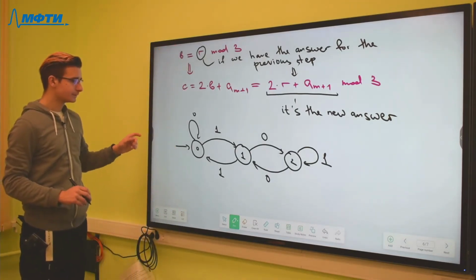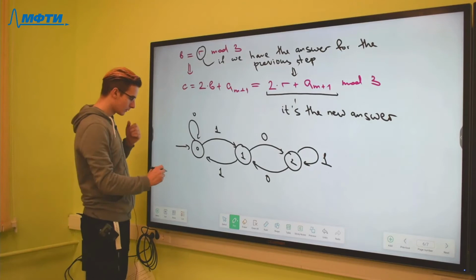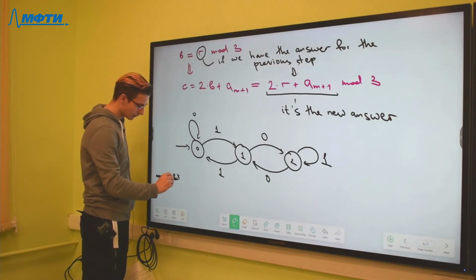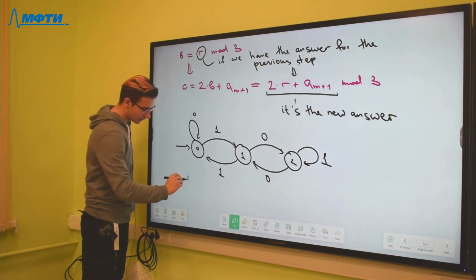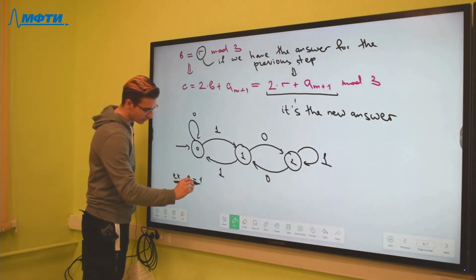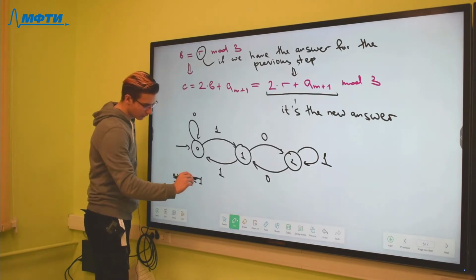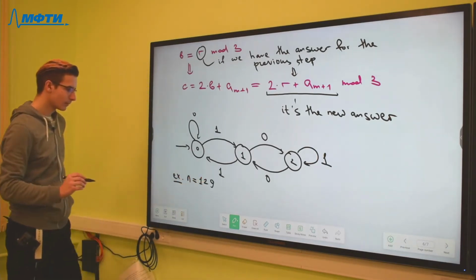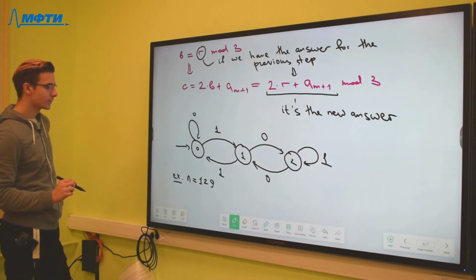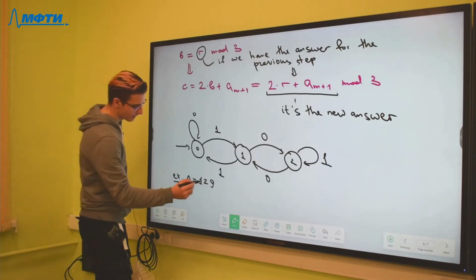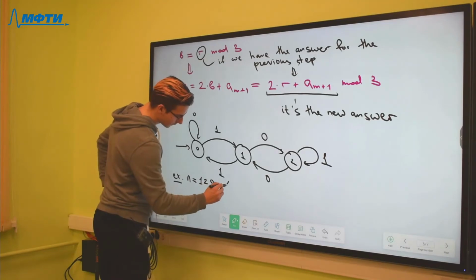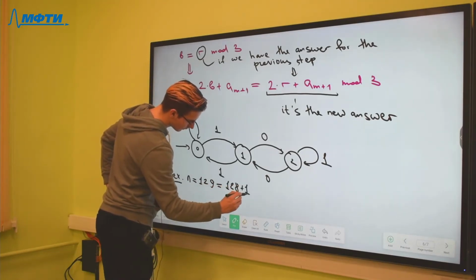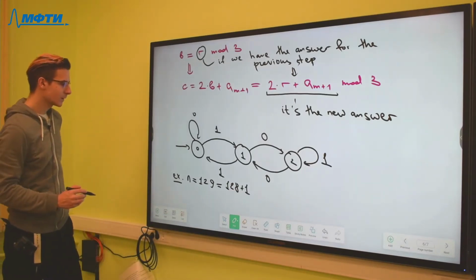For example, if we have the number 129, we know that it is equal to this sum.